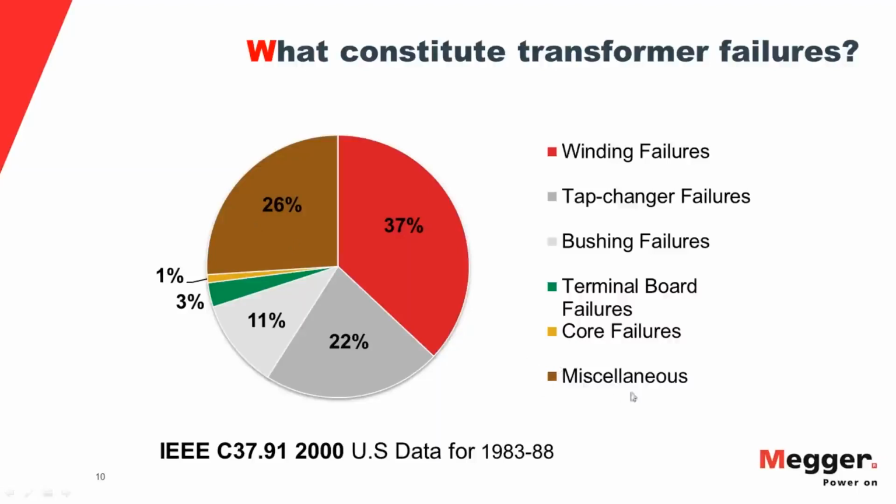And then you have 22%, which is also a big chunk of the total failures, due to tap changers. Tap changers are basically mechanical devices with motors in them, and those motors may have frictional issues, which could lead to failures in the transformers.